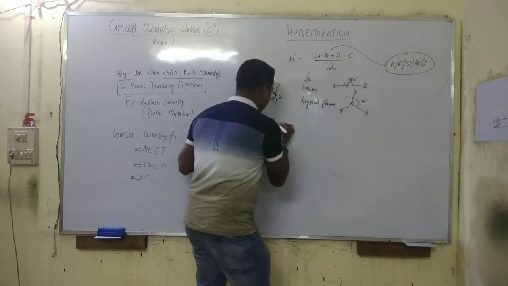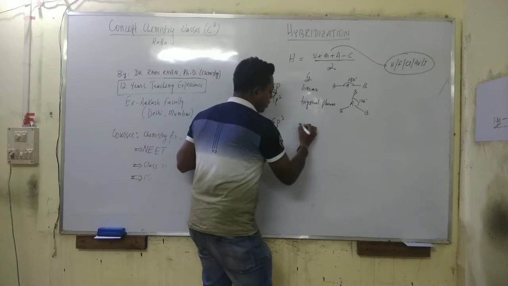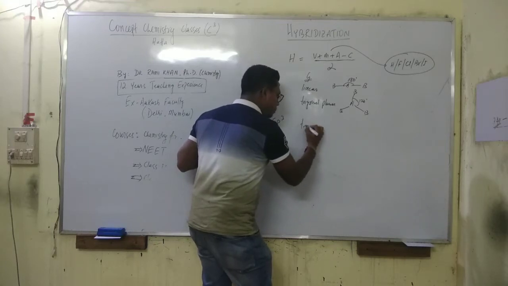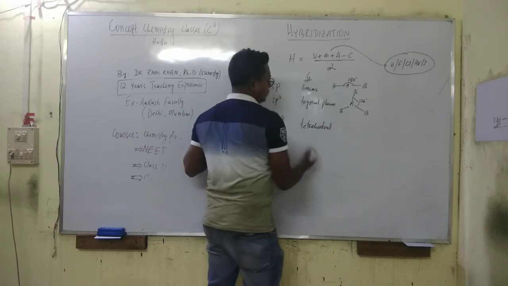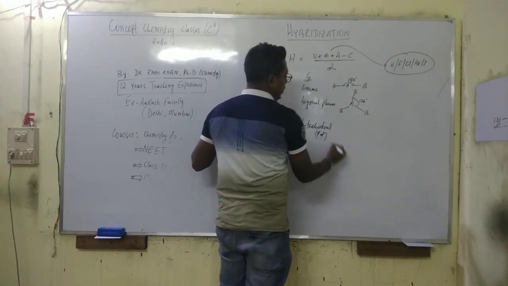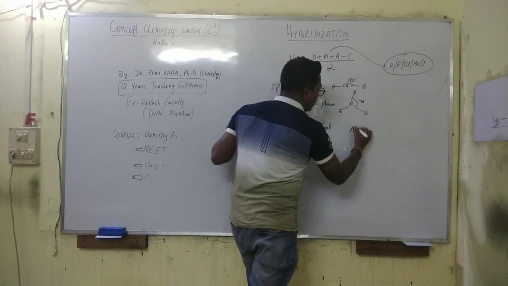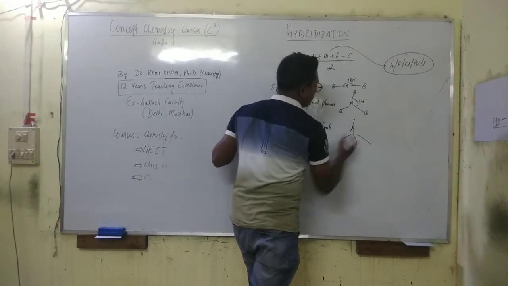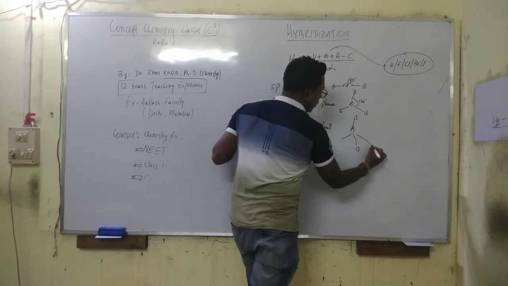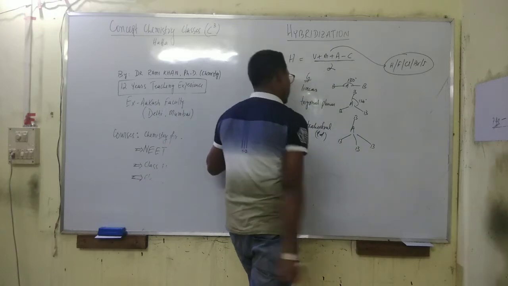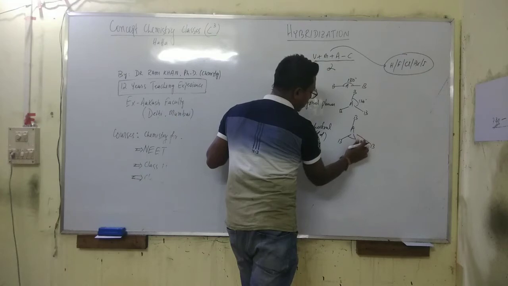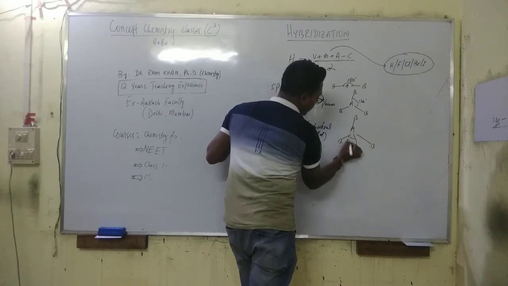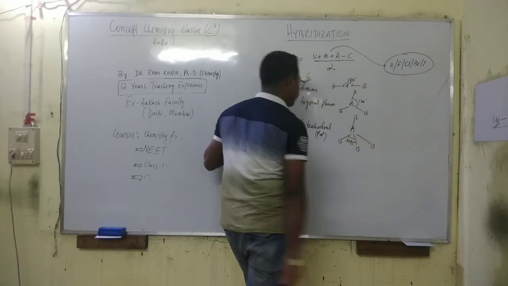Now, for sp3 hybridization, the geometry is tetrahedral, and the structure is like this. The angle between any two hybrid orbitals, this or this or this or this, is 109.5 degree.